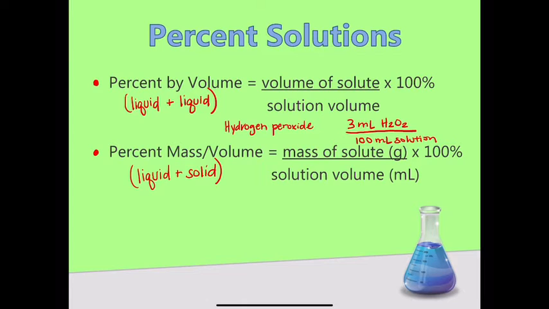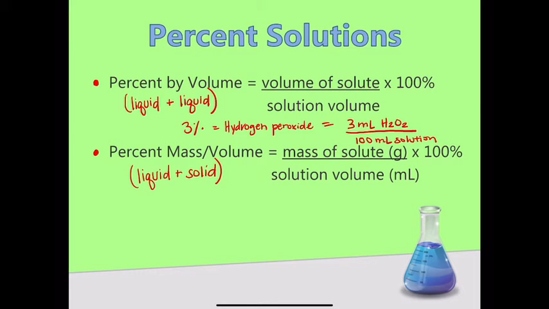So in 100 milliliters, that means your total volume is 100 milliliters, okay? 3 plus 97 of water, or 30 of hydrogen peroxide plus 70 of water for a 30% solution, okay?